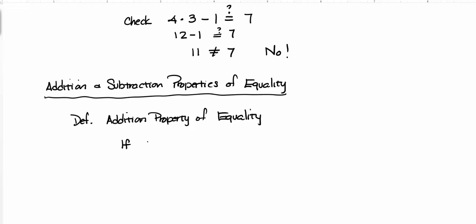This property says that if I have two quantities, let's say two variables, a and b, and I know that they're equal, then if I add the same quantity to each side, they're still equal. Think of the equal sign as the center of a scale, the fulcrum.